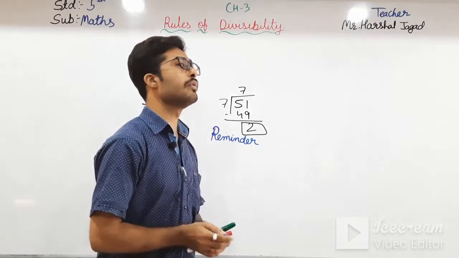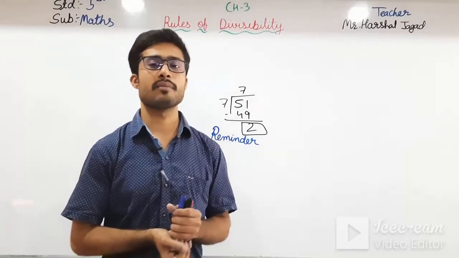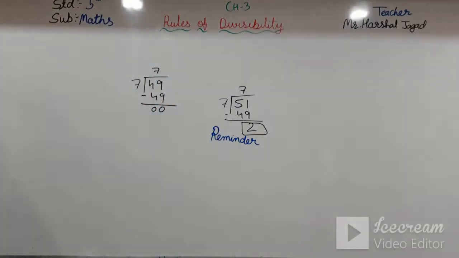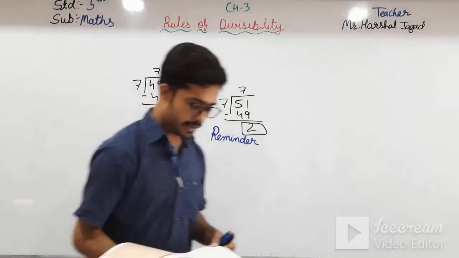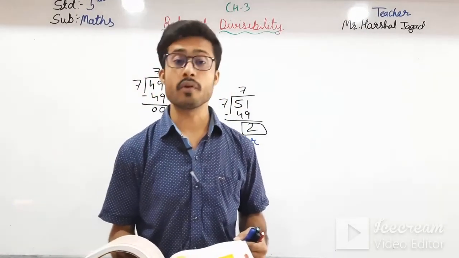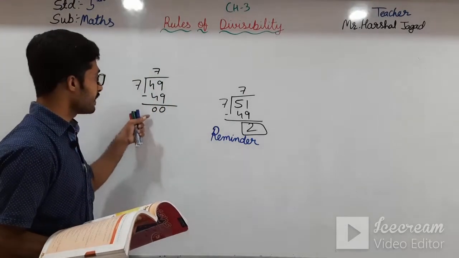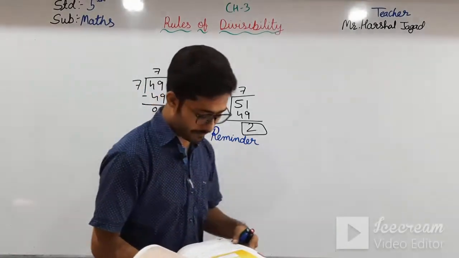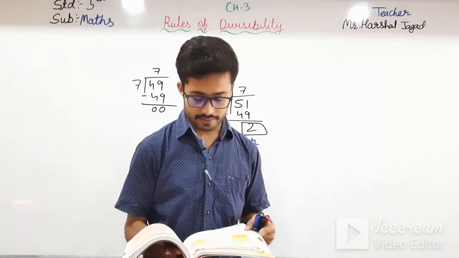Okay students, now we will go directly to the divisibility test, but before that some introduction is given that I am just reading. Divisibility: a number is divisible by another number if the division has no remainder. Means if the number is divisible by the other number, there is no remainder, but here there is a remainder. We see that 7 divides 42 exactly with remainder 0.